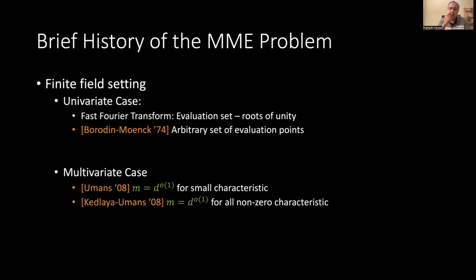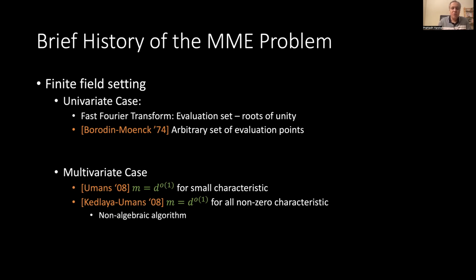Almost immediately after Umans' result, Kedlaya and Umans extended this algorithm, with the same caveat that it worked only when the ambient dimension was polynomially smaller than the degree, but extended it to all finite fields, not necessarily ones of small characteristic.